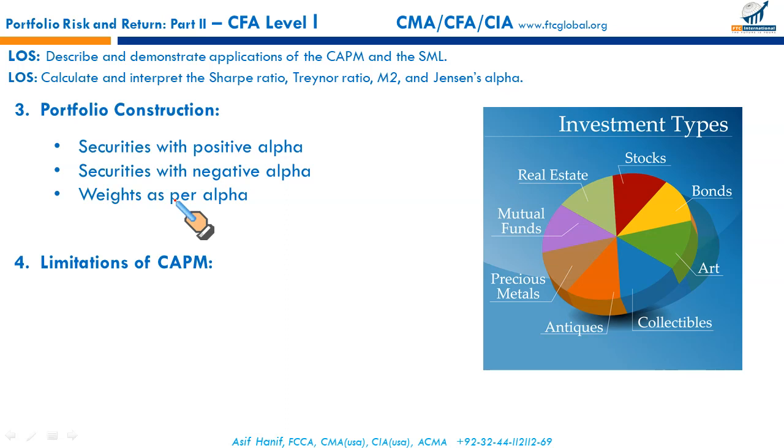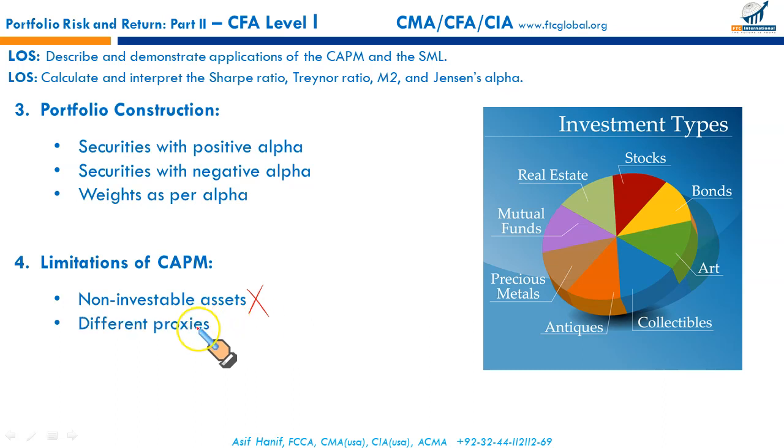Then finally, some limitations of the capital asset pricing model. The first limitation is that the true market portfolio includes all assets, both financial and non-financial, which may not be investable. There are many other assets that are not investable, but they are not covered under the CAPM.